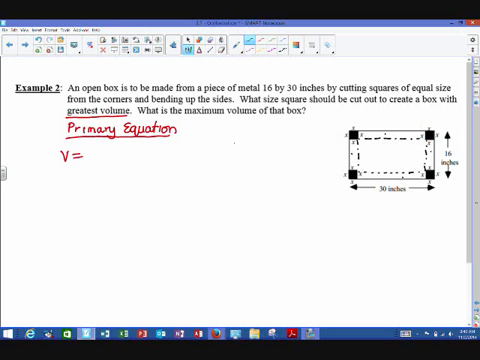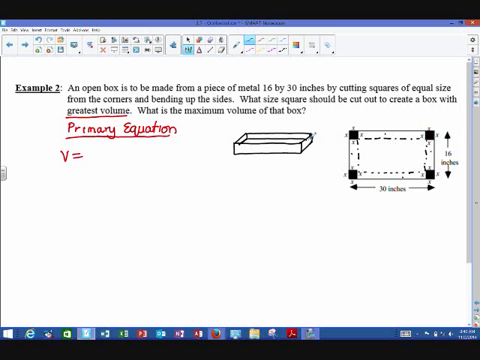And say a frontal view of this box might look something like this. There we have a box. All right, something along those lines.